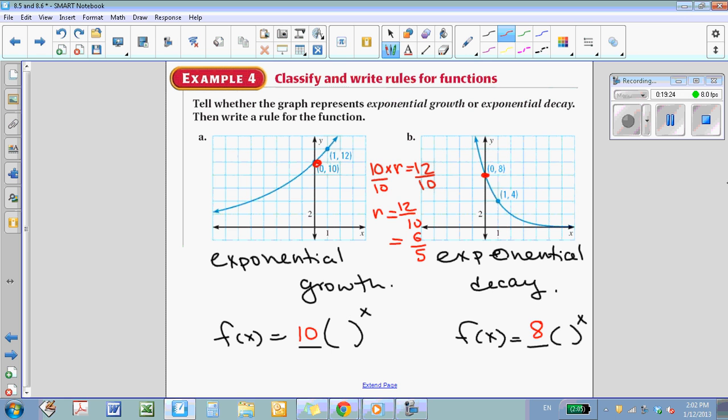So this will be 6 over 5. And here, this is a little easier because you went from an 8 to a 4. So clearly we multiply by half. If you don't see that, you could say 8 multiplied by this rate gave me 4 as an answer. And if you divide by 8, you get the same 1/2. So that's it.